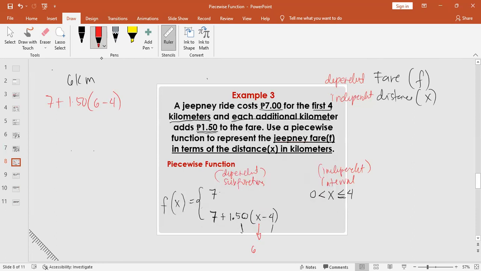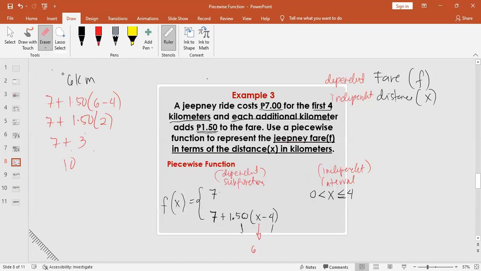Ilan yung babayaran dapat dito? Di ba kanina na-compute natin na 10 pesos. So itatry natin kung makukuha natin yung tama. 7 plus 1.50, then yung sobra sa 4 kilometers, di ba dalawa lang naman? Kaya makakakuha talaga tayo dito ng 2. Then imumultiply natin yan sa 1.50. It's 3. Therefore, we have to pay 10 pesos if we traveled 6 kilometers.